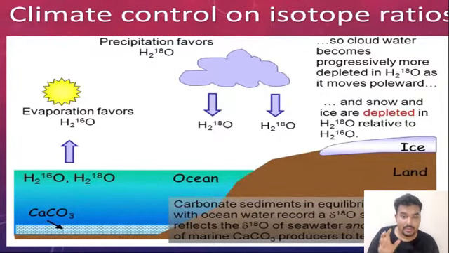So if you see like this, in the ocean what will happen? More and more O18 will be there, because O16 is getting evaporated. While if you see the clouds, more and more O16 will be there because O18 is precipitating out. Are you getting my point?